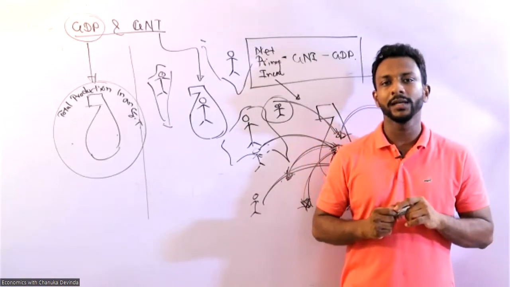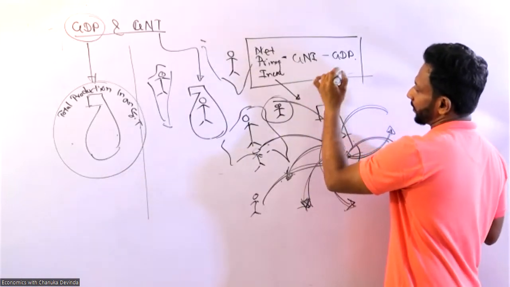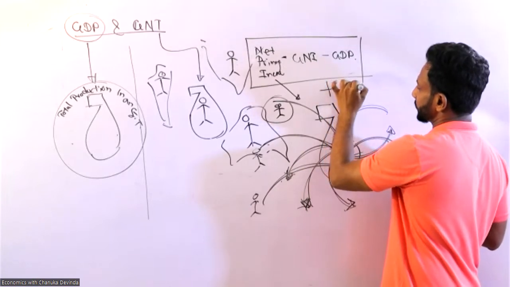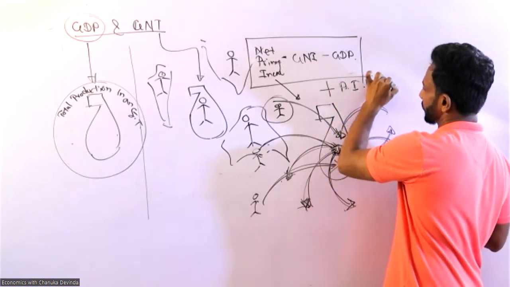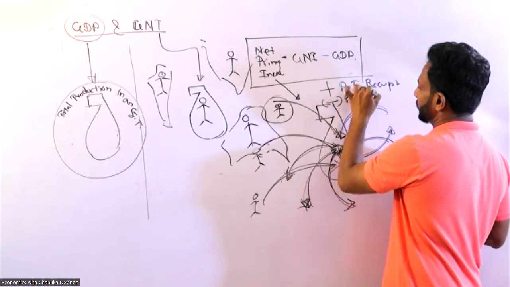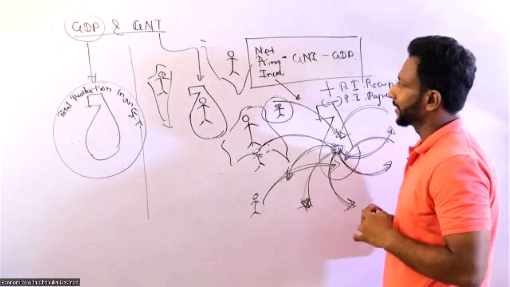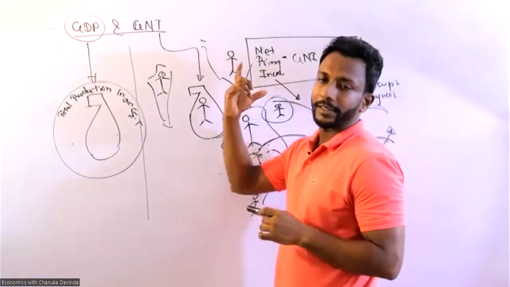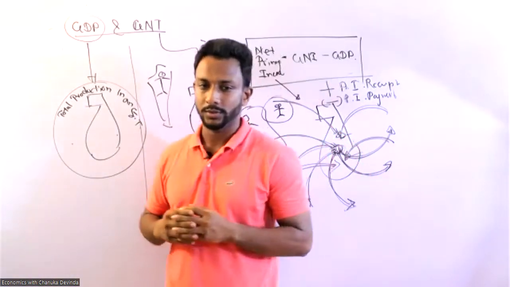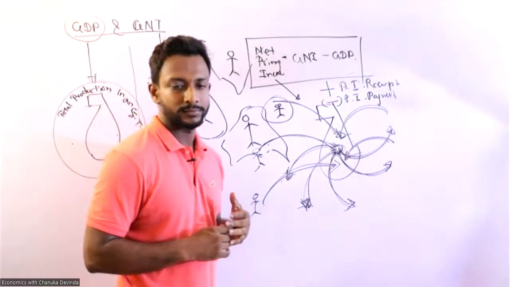So that's why we add primary income receipt and deduct primary income payment. That's the definition of net primary income. I think all the things are there.